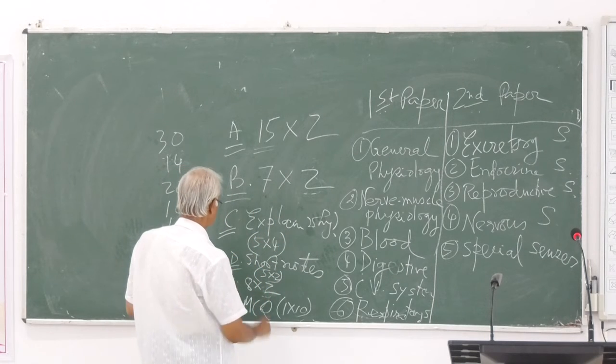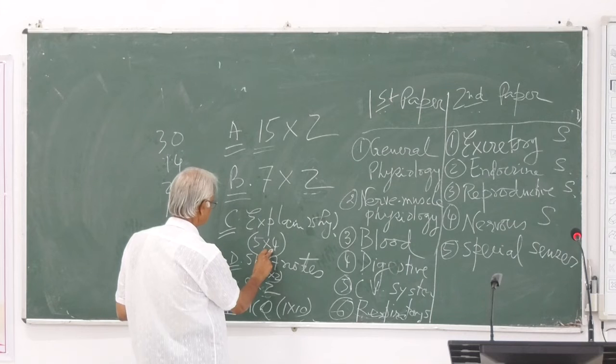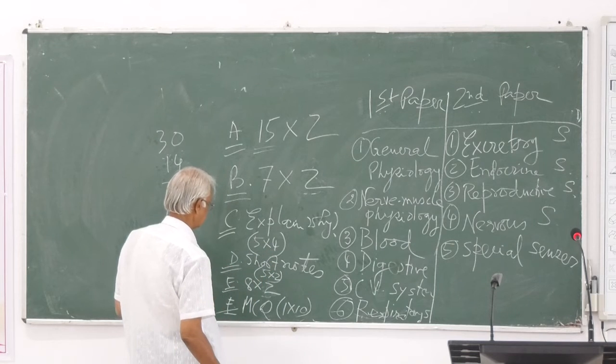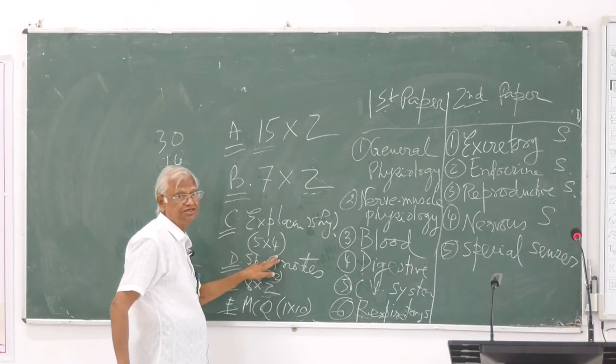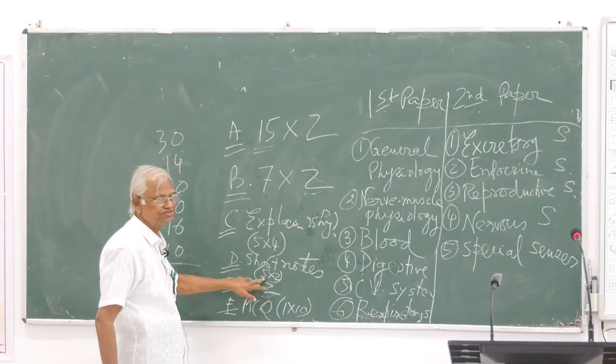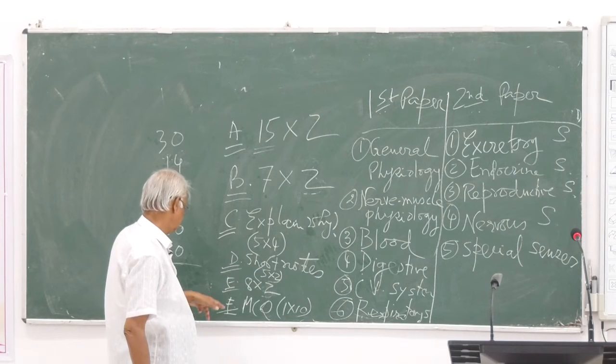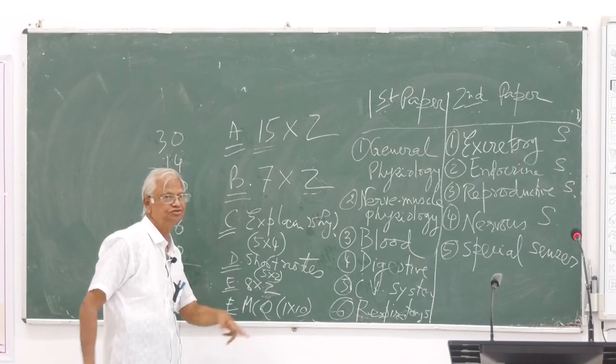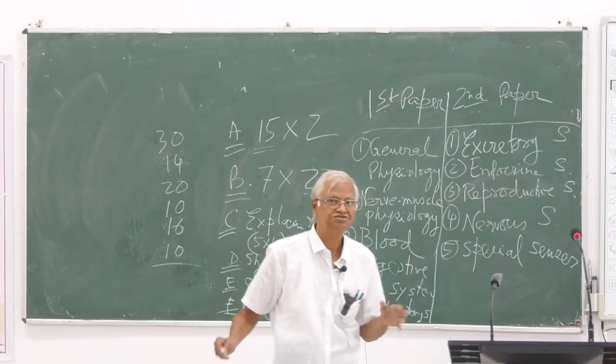Explain why, 4 or 5 questions, each 4 marks. Short notes, 2 questions, each 5 marks. And MCQ, 10 questions, each 1 mark. This makes 100.